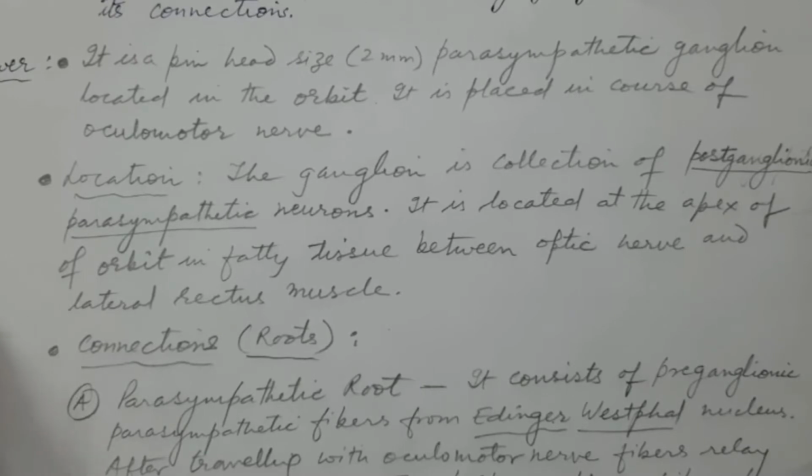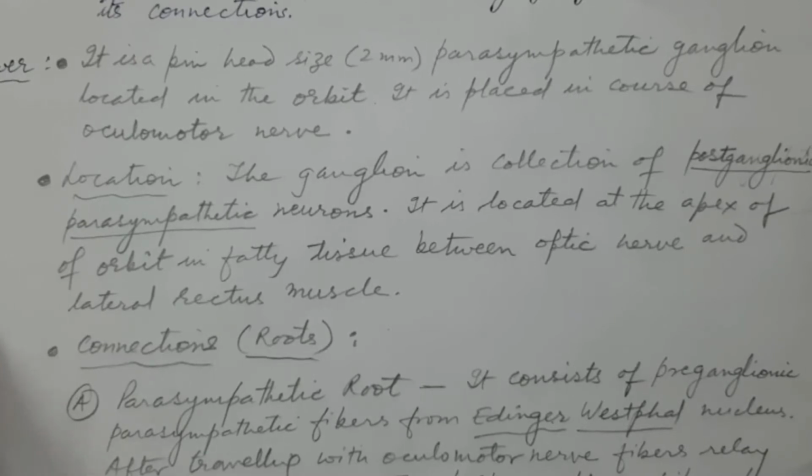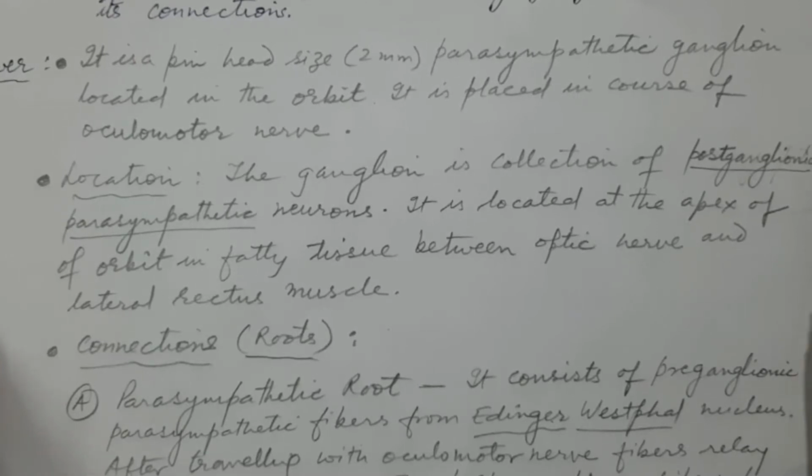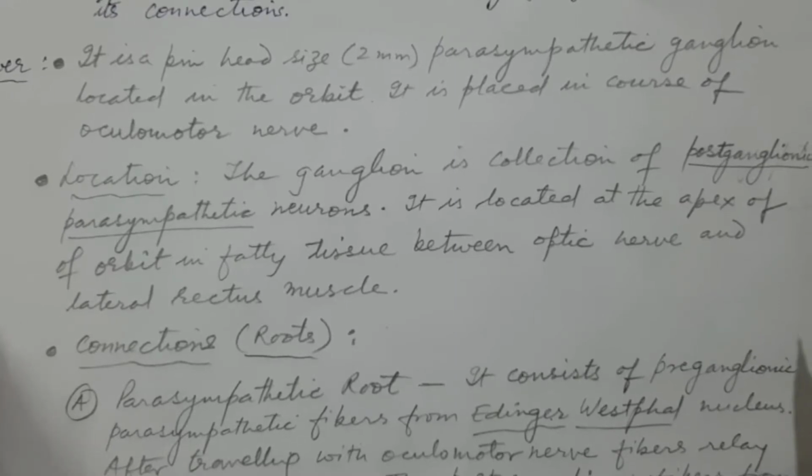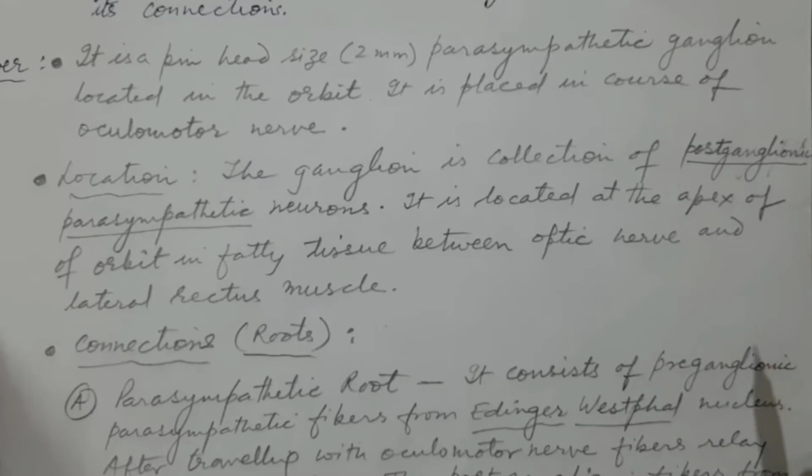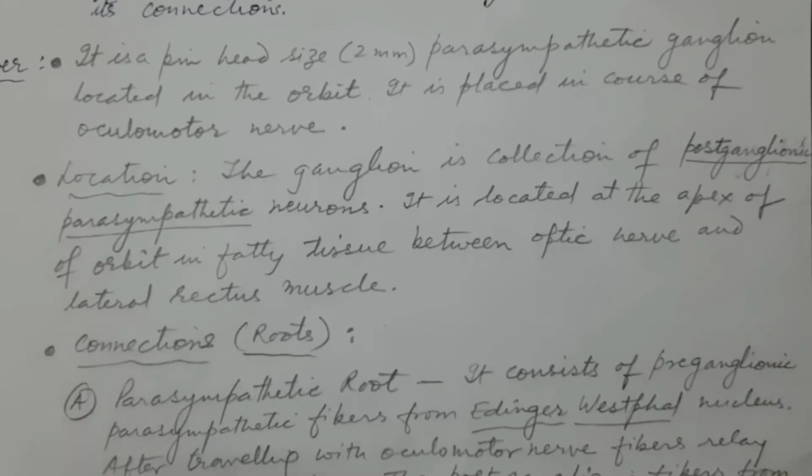Just work lateral to the optic nerve, between the optic nerve and the lateral rectus muscle, and try to locate this pinhead size ganglion which is sending from its anterior margin 8 to 10 minute filaments which are the short ciliary nerves. That will help you to locate this ganglion during the dissection.